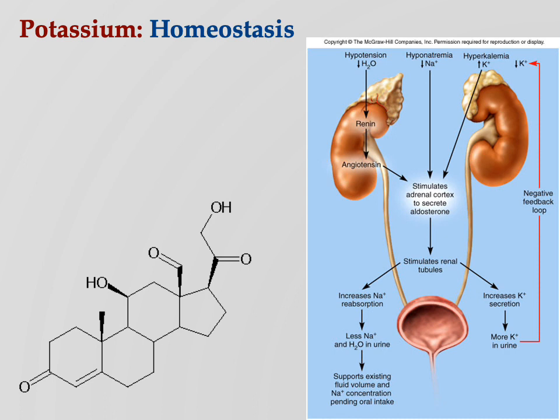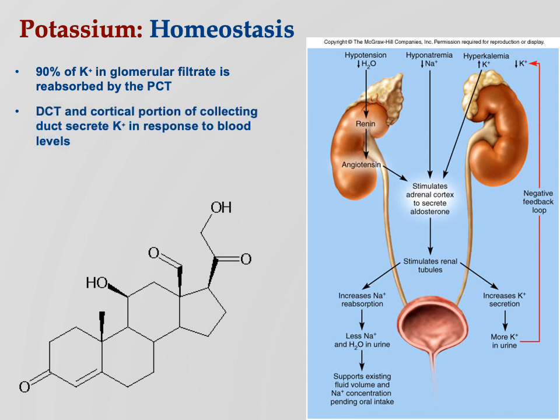So remember potassium homeostasis: 90% in the glomerular filtrate is reabsorbed by the PCT. Remember, the PCT did 2/3 of all your reabsorption. Most potassium is forced out and brought back in right there, okay? The DCT, a cortical portion, secretes potassium in response to blood levels.